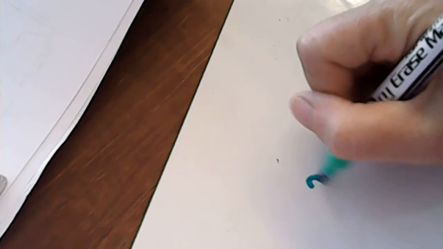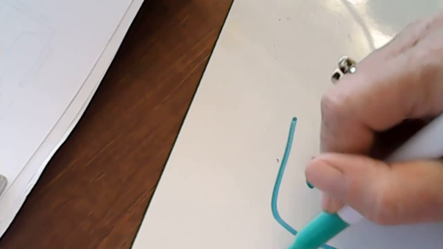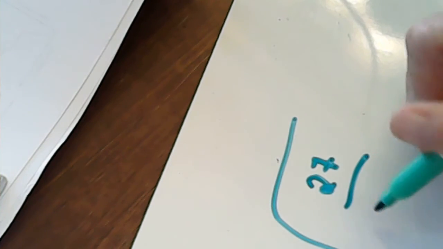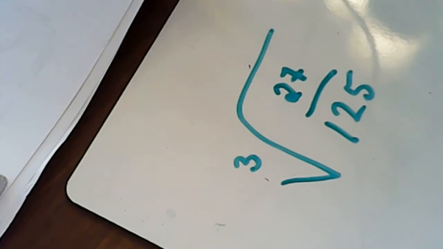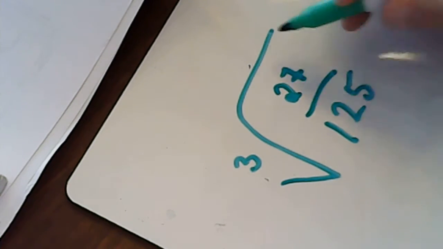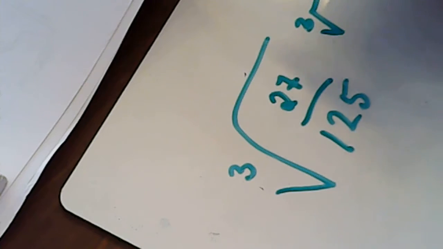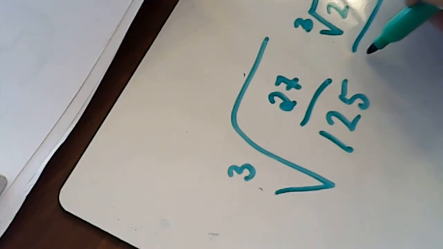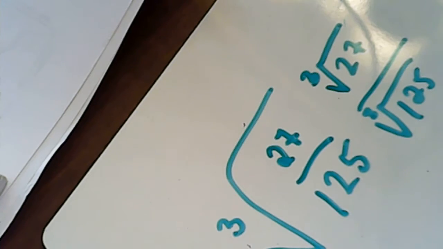Let's try another one. What about the cube root of 27/125ths? Well, hopefully you know your cubes, and you can already see that it's the cube root of 27 over the cube root of 125.